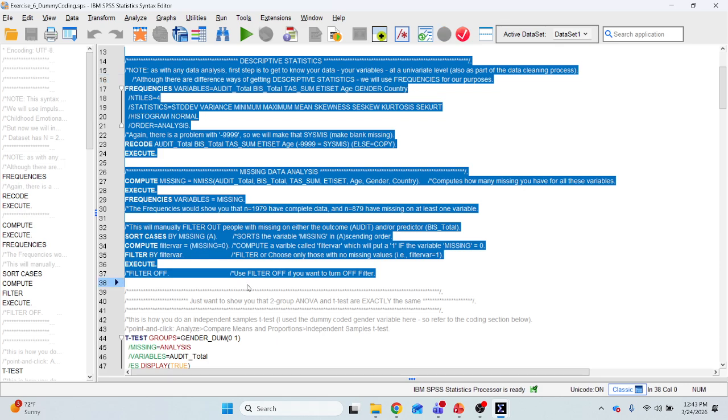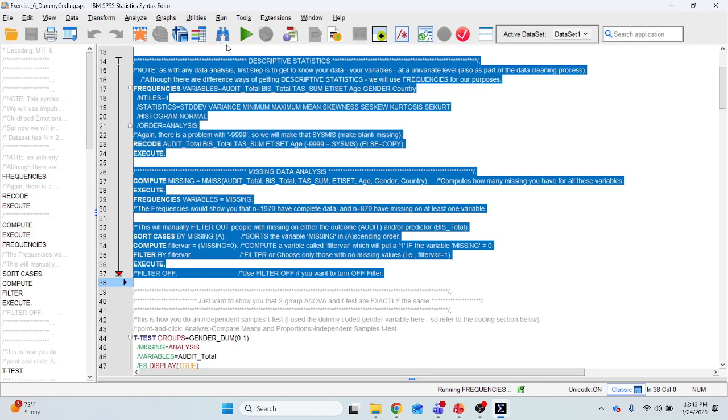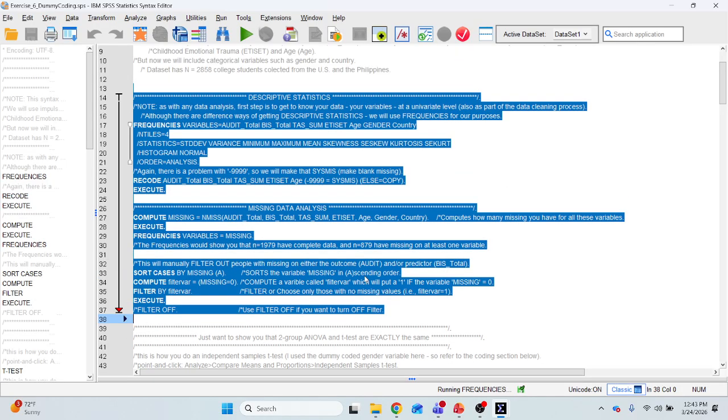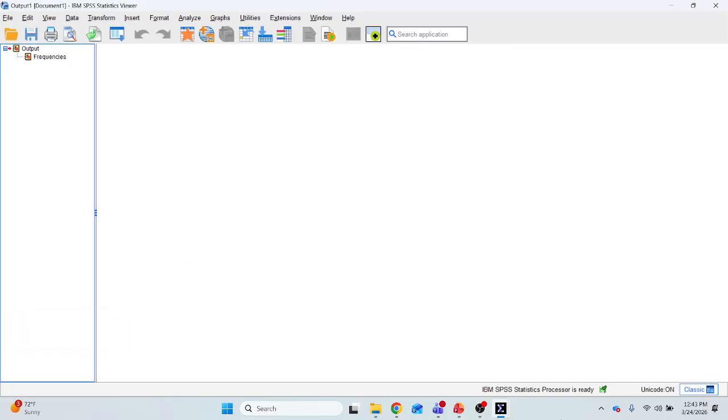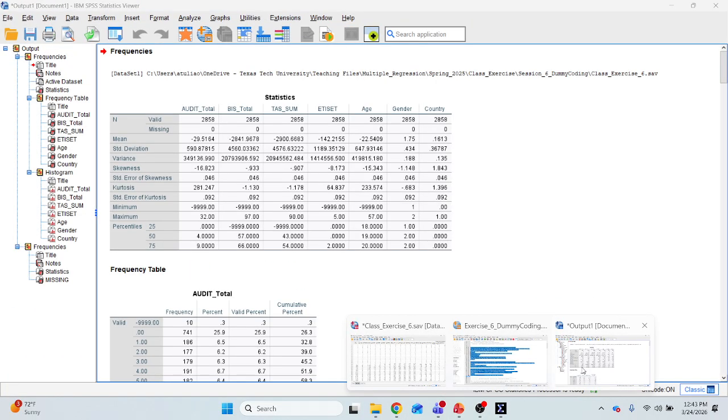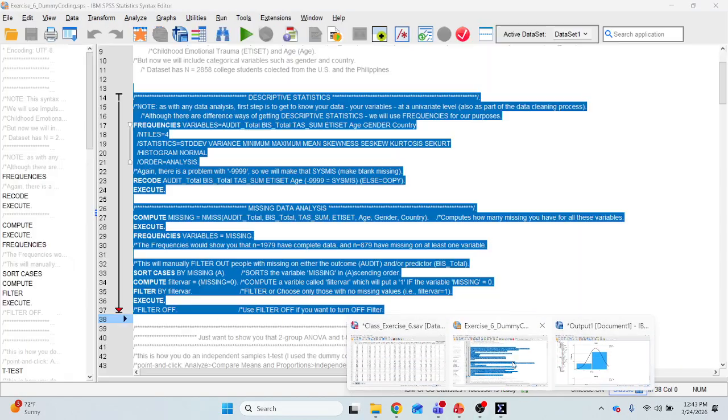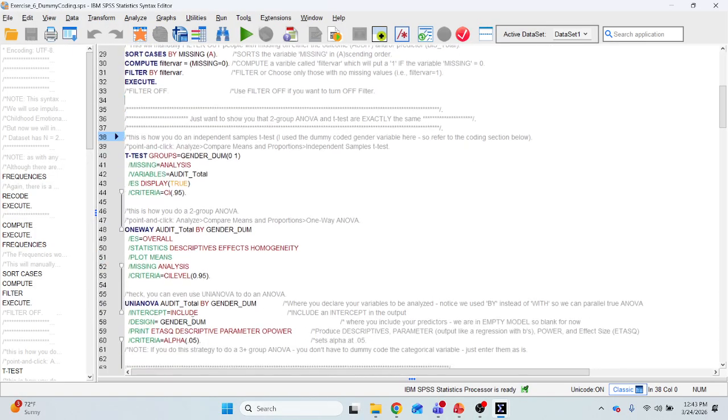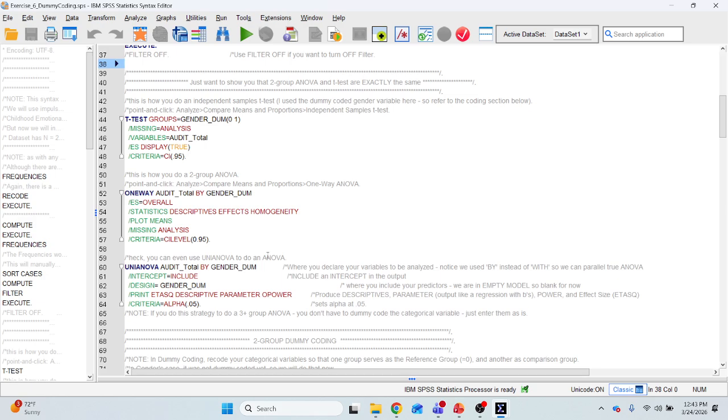All of these things are the preliminary steps that we've been doing: data cleaning, missing data analysis, listwise deletion. So let's just run that. Okay, that should clean up your data. Again, from 13 all the way to 39.